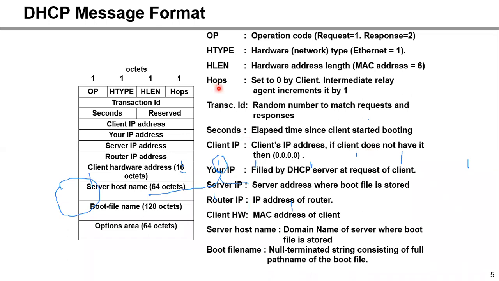That's why the client specifies the number of hops as 0. It will be incremented automatically if that message is transferred from network to network. As soon as you change the network, the number of hops is going to change. It might happen that the server is available in the third network from where you are situated, so that is possible. In that case, the number of hops is going to change.